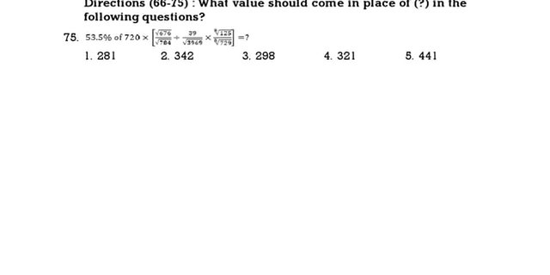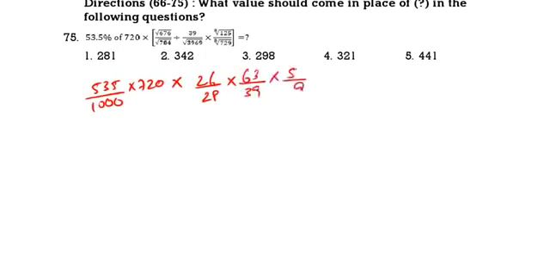53.5% of 720, or else you can take like this: 535 by 1000 into 720 into root 676, 26. This is 28 into root of 3969, that is 63. Now 63 by 39 into cube root of 125, 5, 729, 9. This is what you should calculate. Now 0 0 cancel, 0 0 cancel.